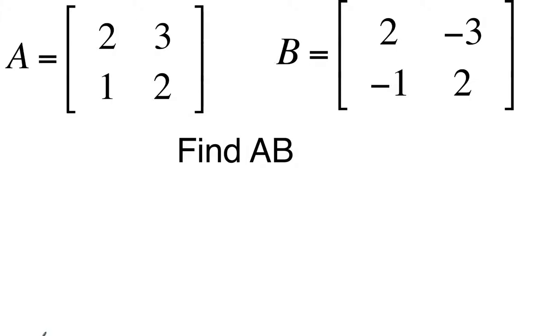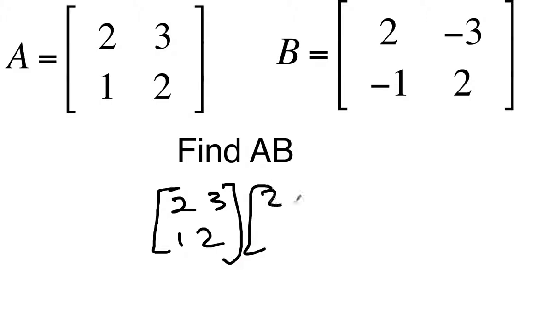Okay, so now I want you to multiply these two matrices together and see what you get. So go ahead and pause the video, multiply these, and then come back. And I'm going to do it also. Okay, so if I multiply A times B, that's 2, 3, 1, 2, times 2, negative 3, negative 1, 2. I'm going to multiply this row by this column.